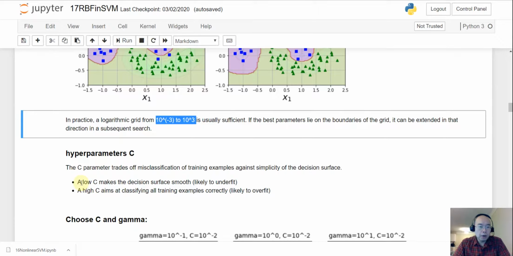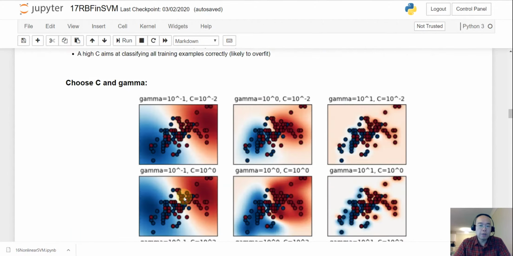And here is another review of the hyperparameter C. If you set C very low, then the decision surface is smooth, and you may have an underfit model. If you have a very high C, then it will learn very hard from the training data set, and you may have an overfit model.